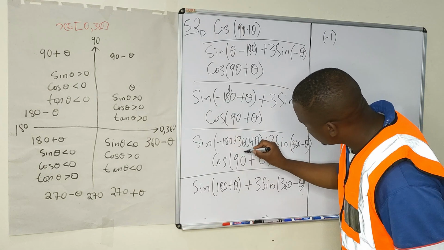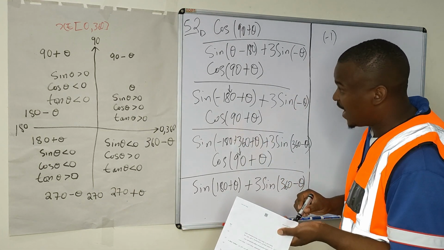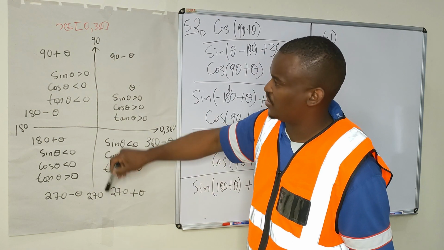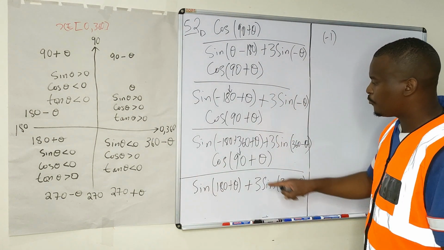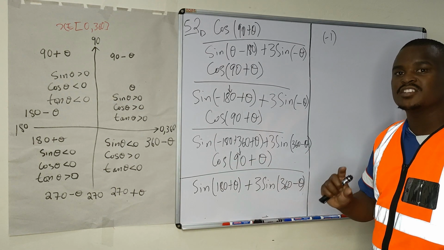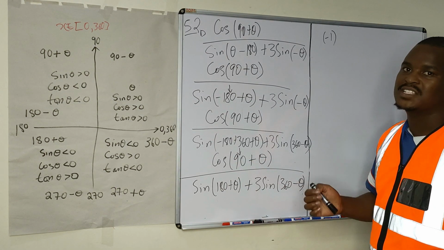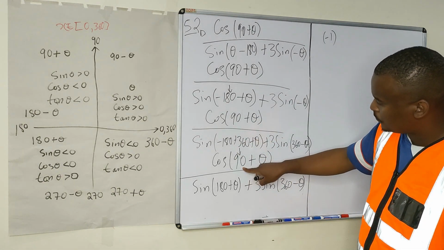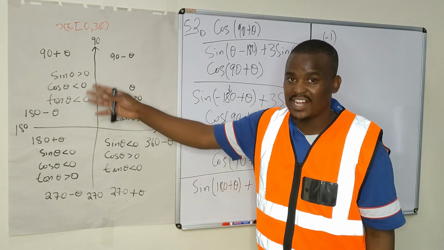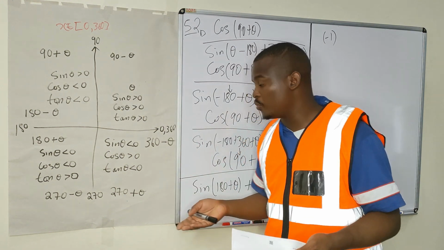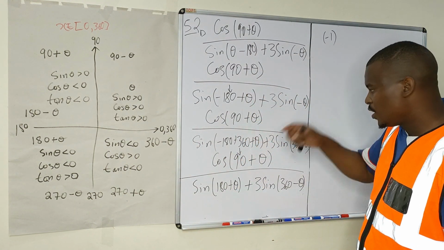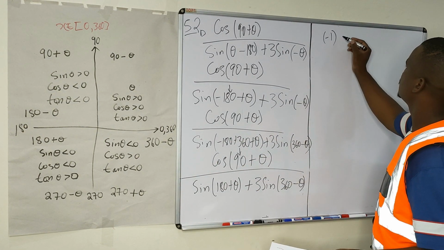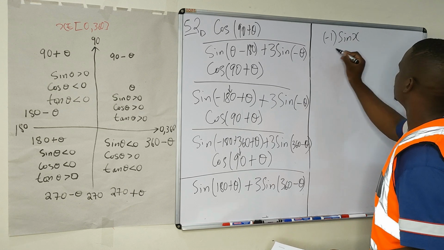So if your reference angle here is 90 or 270 or any value along this vertical line, then your function, which is cos, changes to its co-function identity, which is sine. So if you have 90, or 270, or any variation that you are comfortable working with, then your function will change to its co-function, which is sine x.